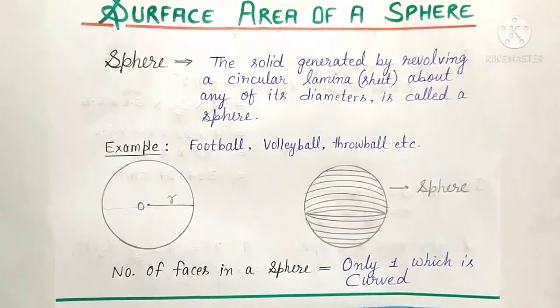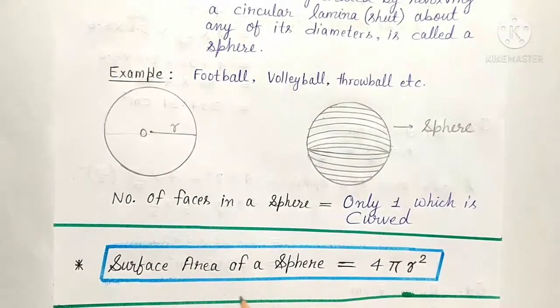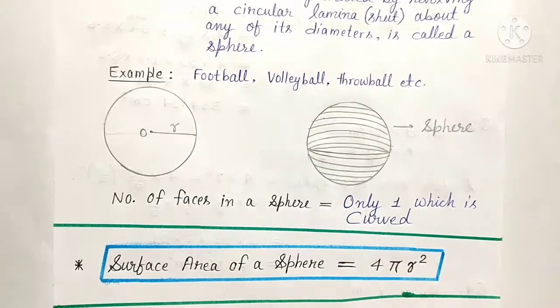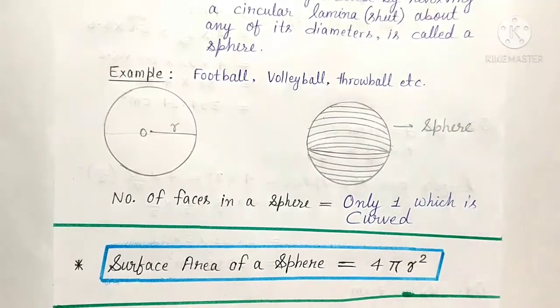So if I have to find out the surface area of a sphere, now what I am asking is surface area. I didn't say curved surface area, meaning CSA. I am not saying TSA, total surface area, but just surface area. Why am I not using terms like TSA or CSA? Because there is no term like total surface area here. Why?